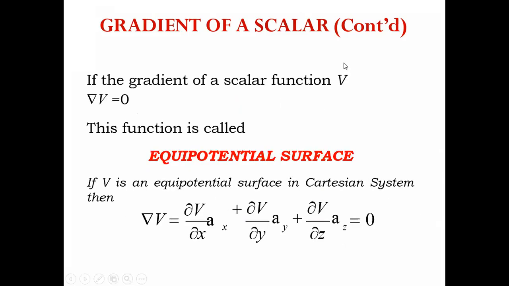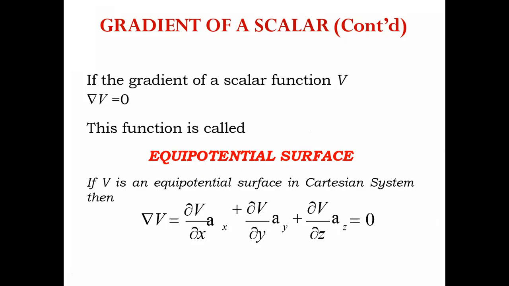One more important point here. If you calculate the gradient and it comes out 0, then such a function is called an equipotential function or equipotential surface. In the examination, sometimes a question may be asked where a function is given, and you are asked to check whether the given scalar function is an equipotential function.